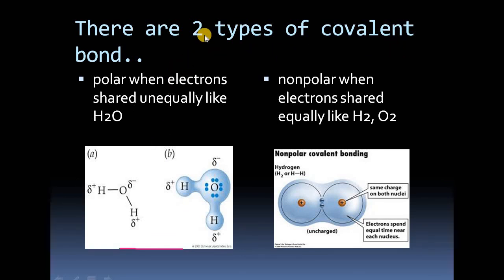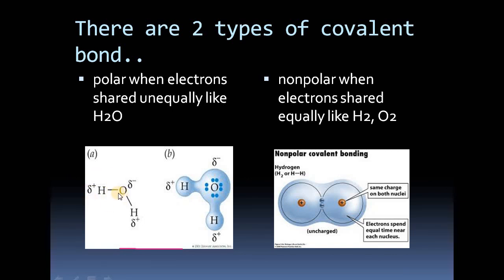We have two types of covalent bonds: the polar and the non-polar. The polar forms when the electrons are not equally shared. The oxygen atom here has a slightly negative charge, and the hydrogen atom has a slightly positive charge.